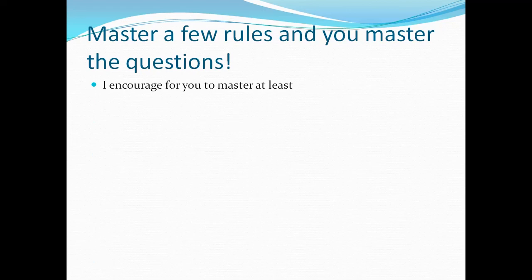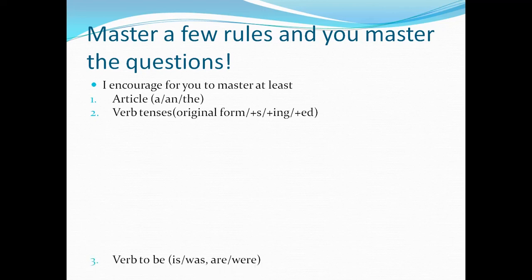I encourage you to master at least these. Number 1 is the articles: a, an, or the. Then verb tenses: original form, plus s, plus ing, plus ed. Verb to be: is, was, or are, were.